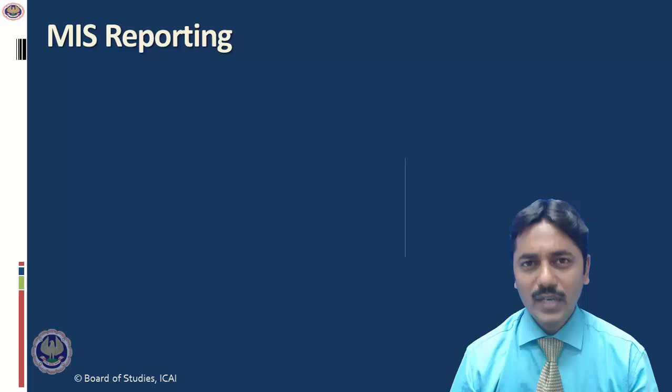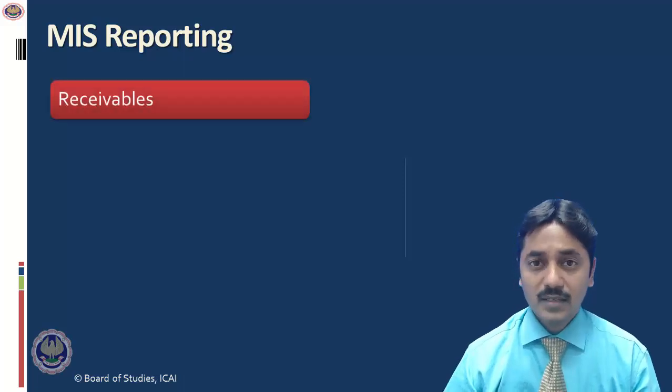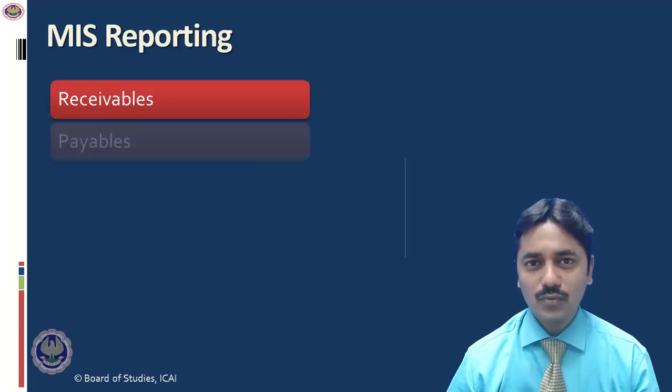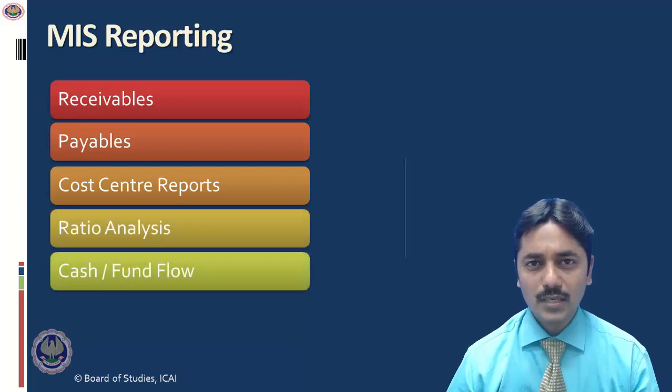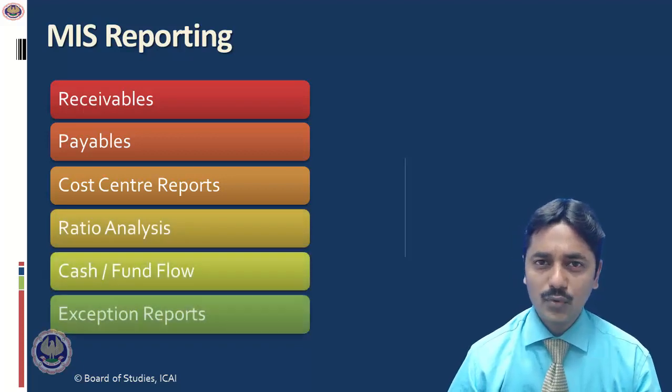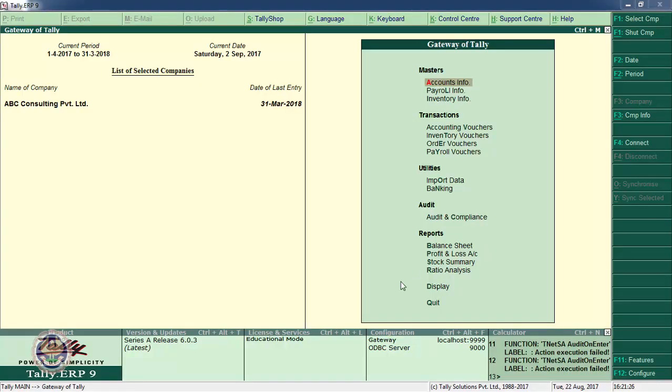So what type of MIS reports are available in Tally ERP9? Let us discuss. There are certain reports for receivable, payable, cost center reports, ratio analysis, cash/fund flow, and exception reports. So now let us discuss these menus one by one.